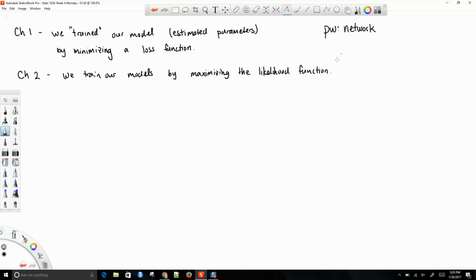Okay, so just keep in mind, loss function starts with an L, and likelihood function also starts with an L, but they're very different things. So here we're going to train our models by maximizing the likelihood function, and this is called maximum likelihood estimation.